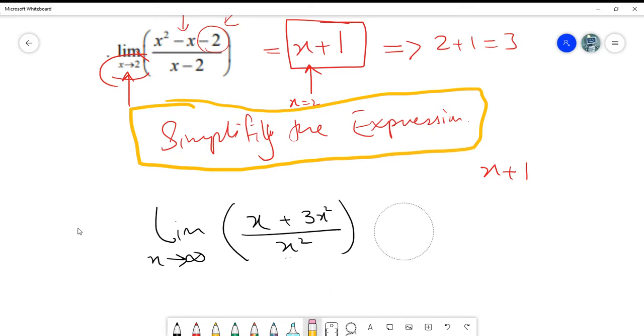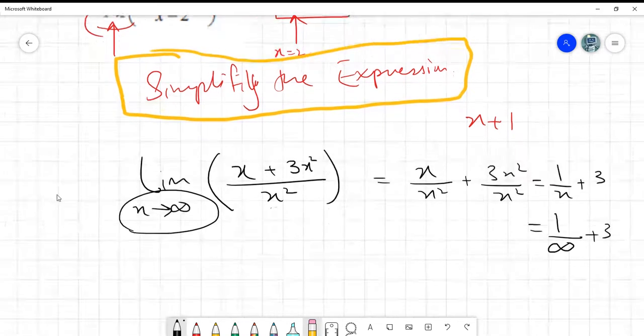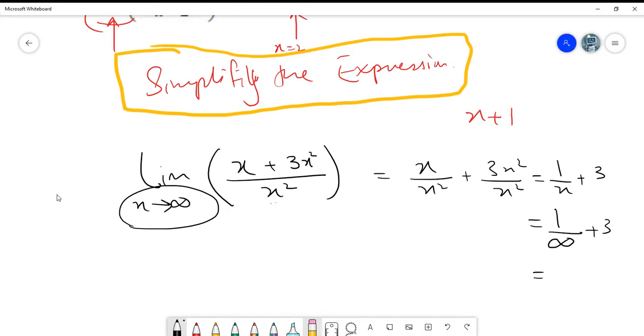But what we could do is simplify this first, leaving us with x over x squared plus 3x squared over x squared, which further gives 1 over x plus 3. Now we can plug in x as infinity into this expression, leaving us with 1 over infinity plus 3. Now 1 over infinity is 0. In fact, anything over infinity is 0. So 0 plus 3 will give me 3. So the limit of this expression as x approaches infinity is 3.